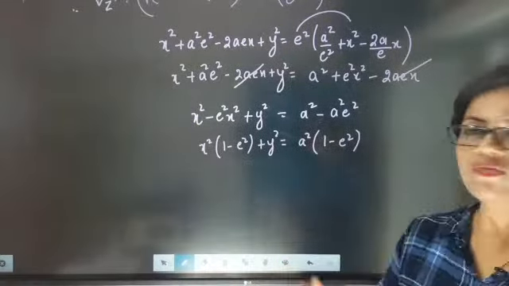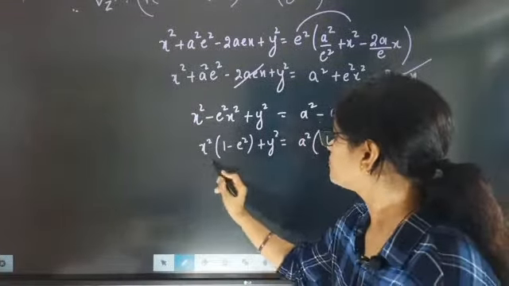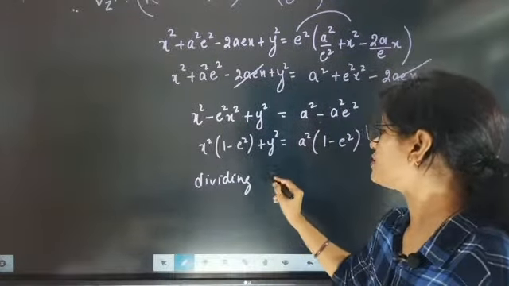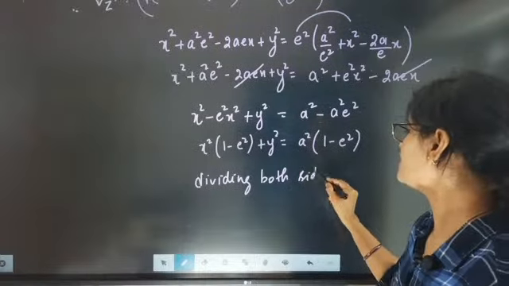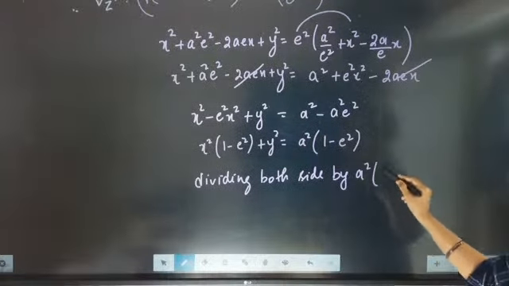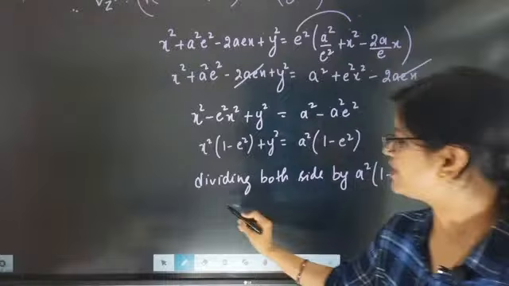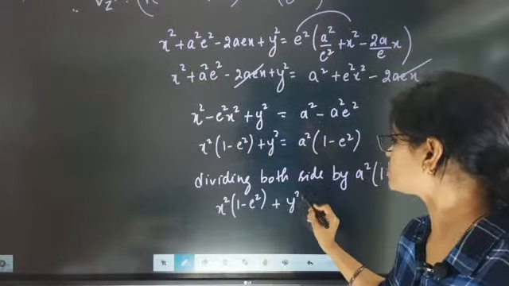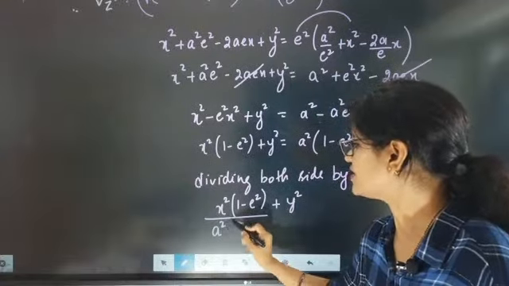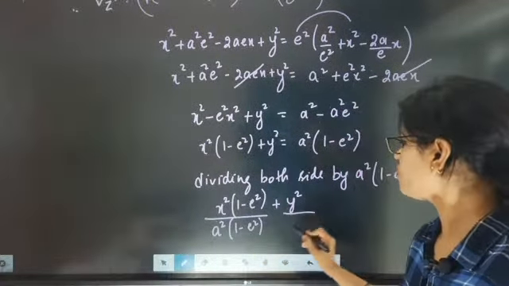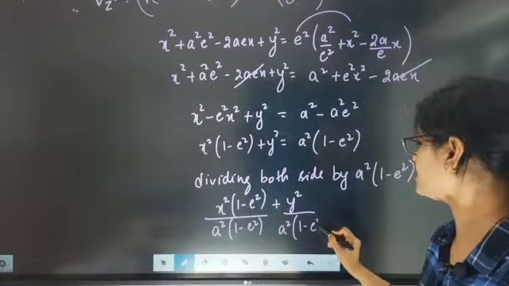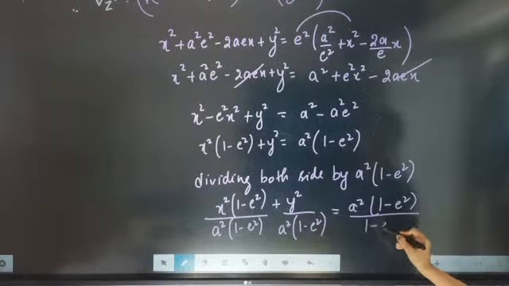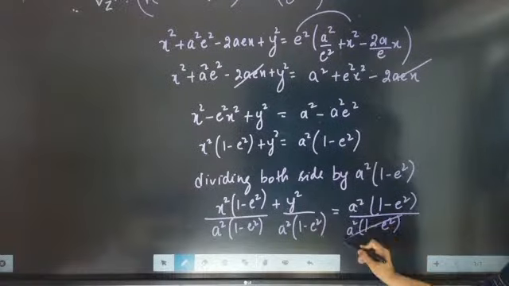So dividing both sides by a square 1 minus e square. When I divided, I got x square 1 minus e square plus y square. So here dividing means it is coming as a square 1 minus e square. Y square is coming as a square 1 minus e square. Here it is coming as a square 1 minus e square by 1 minus e square, a square. So now it will kill each other.